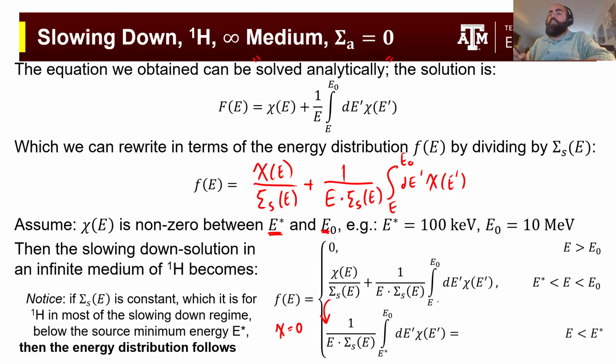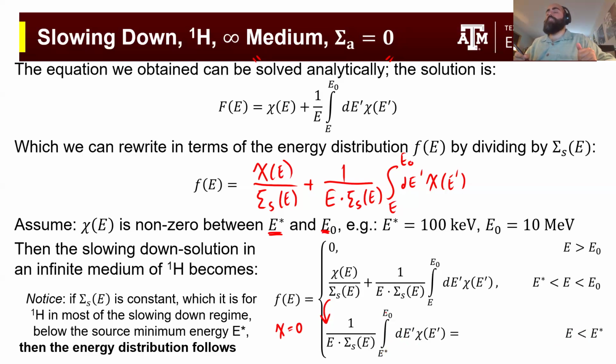The bounds on that bottom integral are basically just from E star to E0, because E can be anything less than or equal to E star, but the fission spectrum itself is non-zero for any E that's less than E star. So we just set this to be E star.